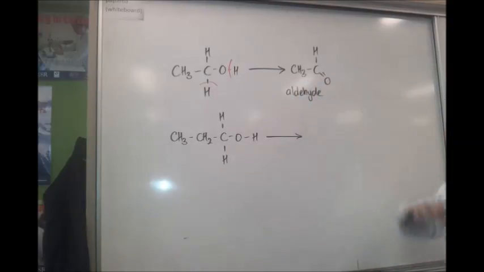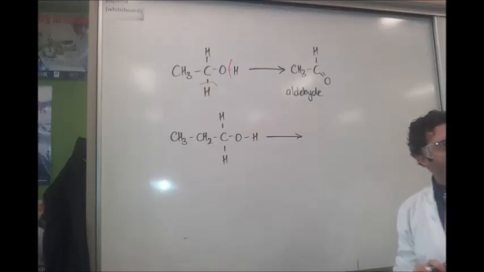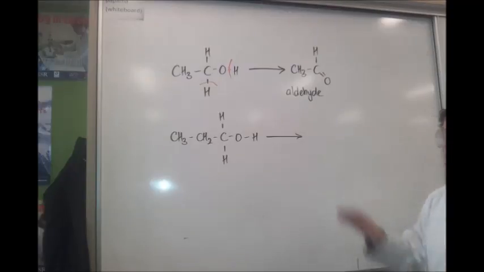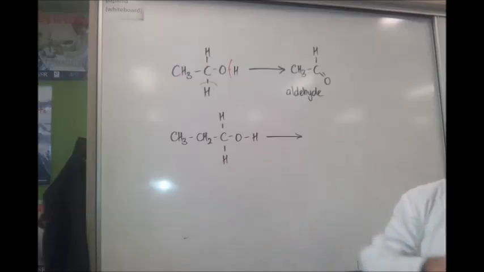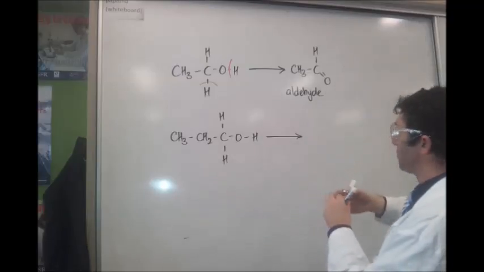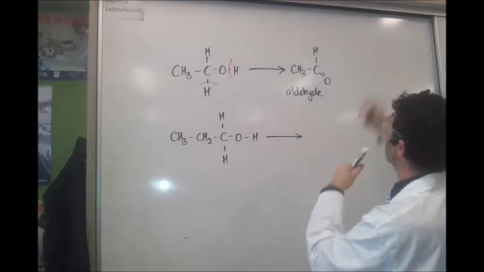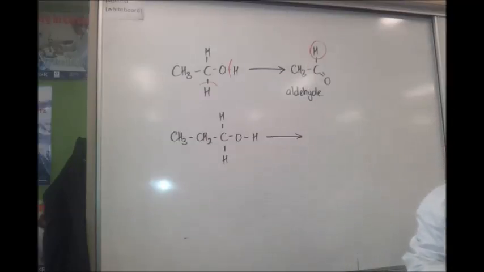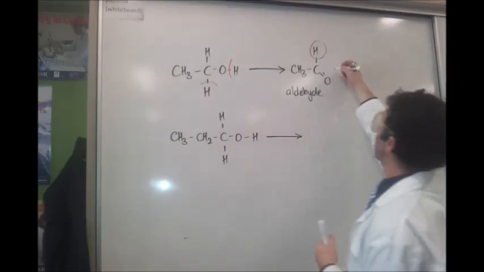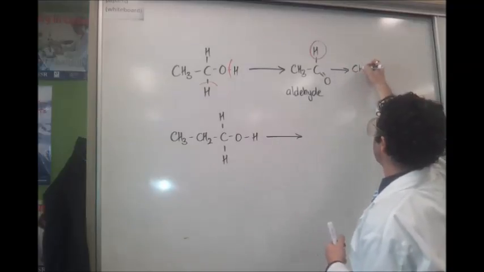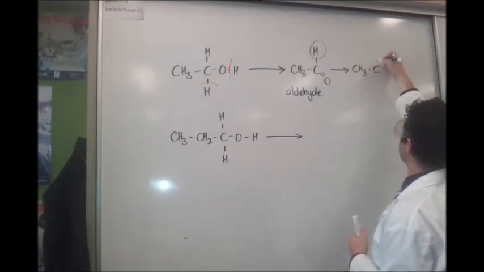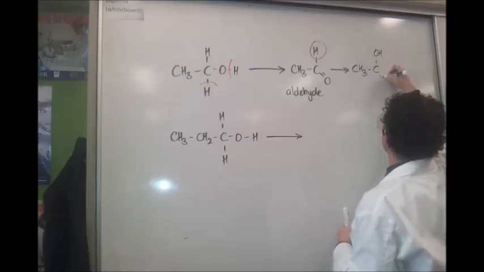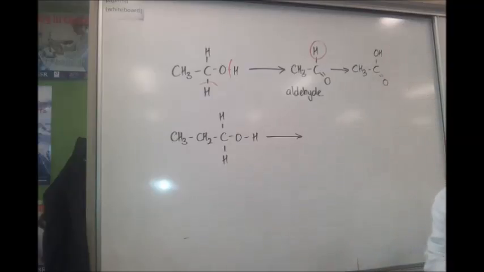In this case here, I can still oxidise it further. I can actually go further with this one because it's a primary alcohol. I can actually turn this into an OH group, and this will make this, which is a carboxylic acid.